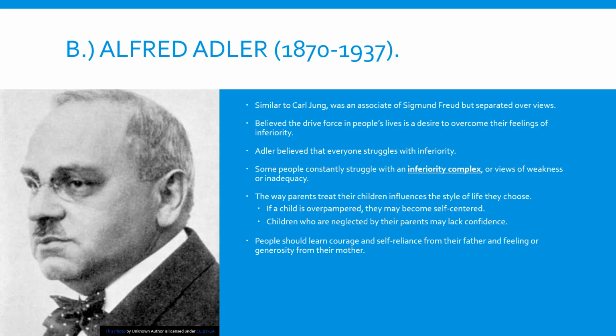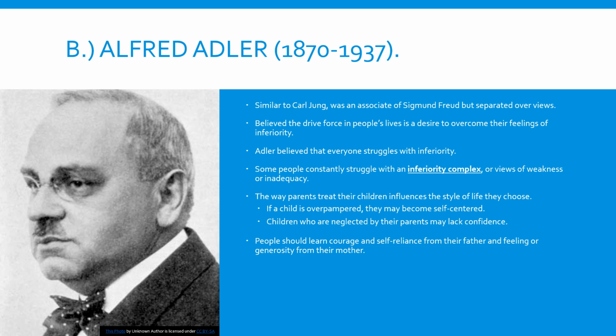Alfred Adler, similar to Carl Jung, was an associate of Sigmund Freud, but they also separated over views. He believed that the driving force in people's lives is a desire to overcome their feelings of inferiority. He believed that everyone struggles with inferiority, and that some people constantly struggle with an inferiority complex, or views of weakness or inadequacy. The way that parents treat their children influences the style of life they choose.